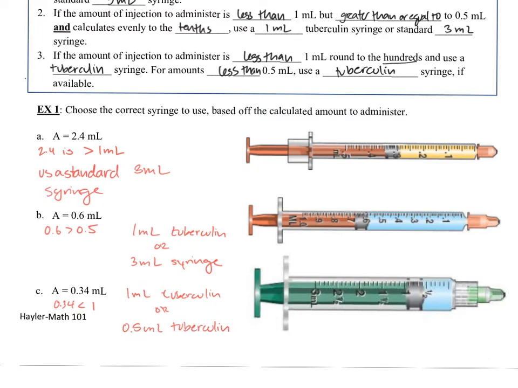All right, so let's go ahead and keep moving on. Once again, though, reading these, this is the 0.5 tuberculin. This one right here is in milliliters, sorry. Let me just go ahead and erase that, make it look better.